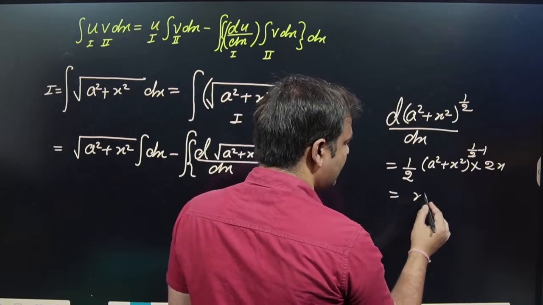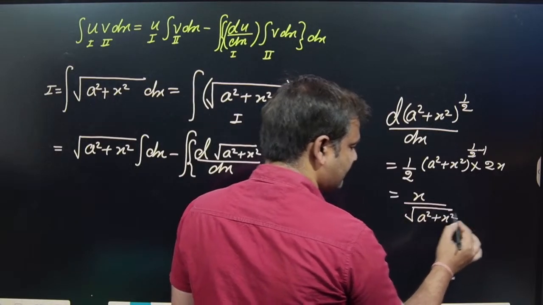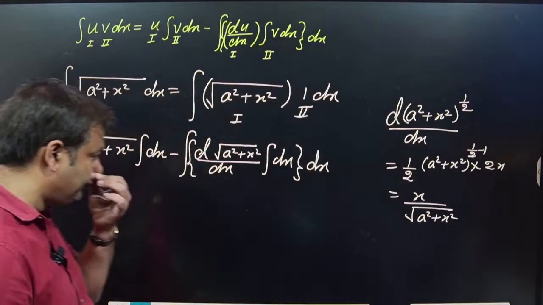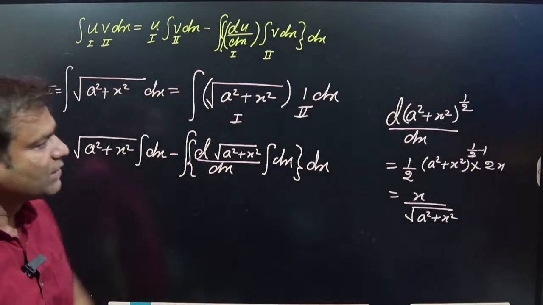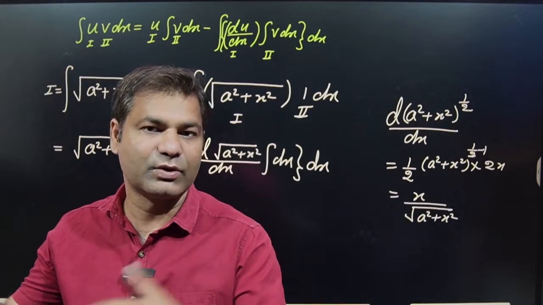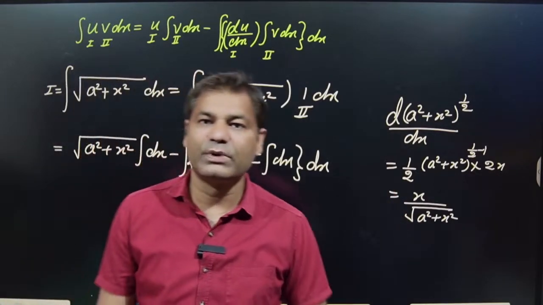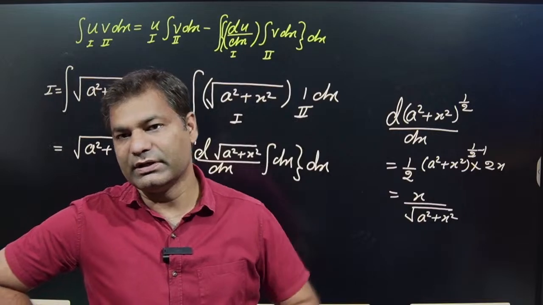Simply x divided by under root a square plus x square. Is that clear? So the differentiation of under root a square plus x square is x upon under root a square plus x square. Look here very carefully.